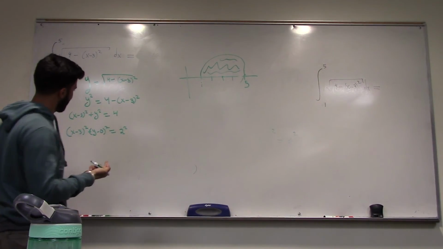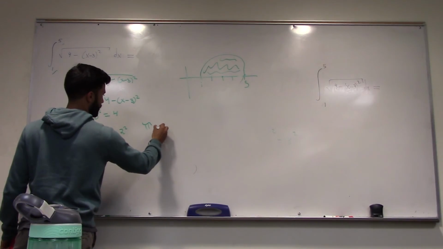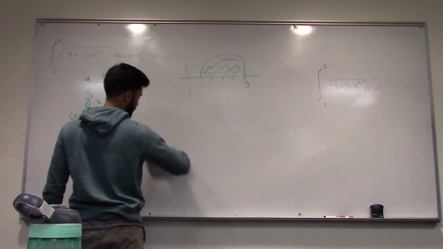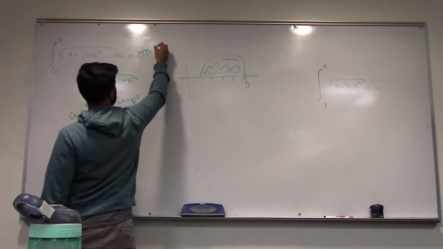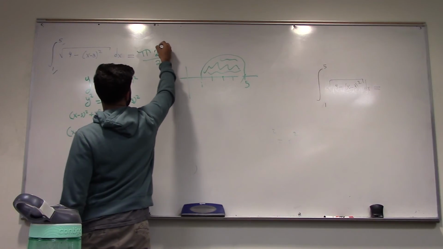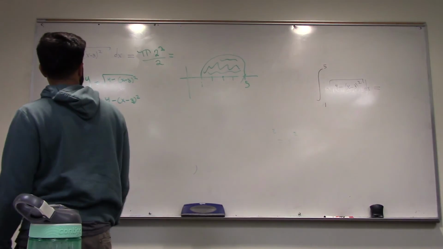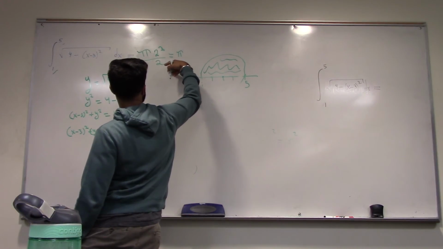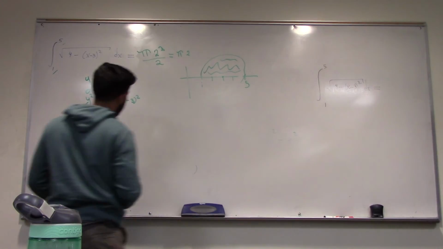So it's pi times the radius squared divided by 2, since it's only half a circle. Pi times 2 squared divided by 2. 2 times 2 is 4, divided by 2, so pretty much 2 pi.